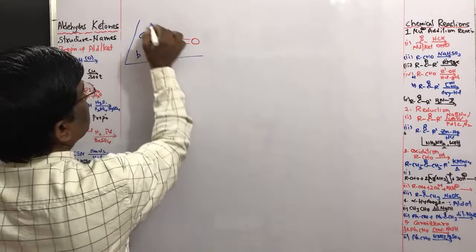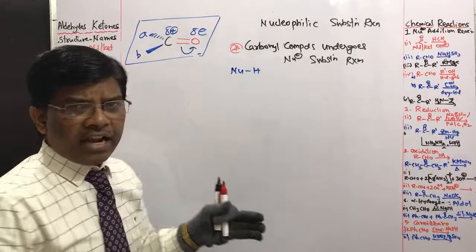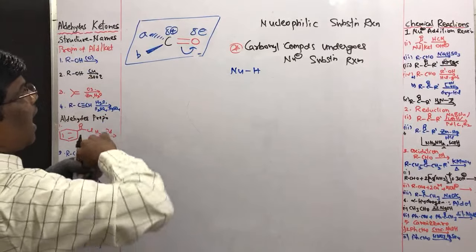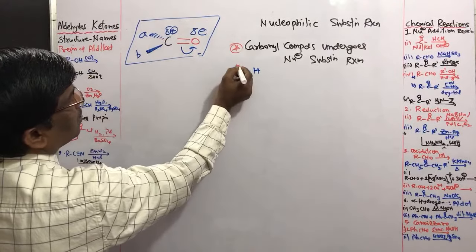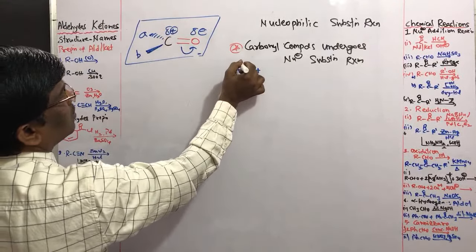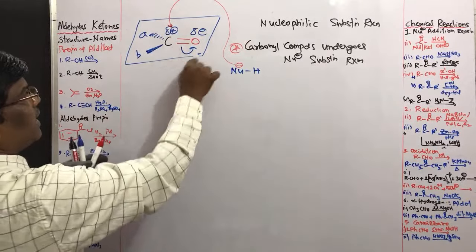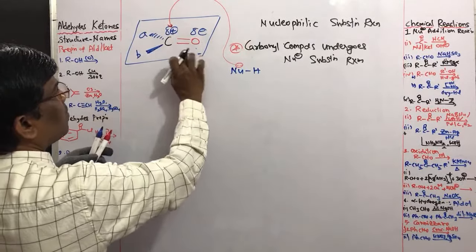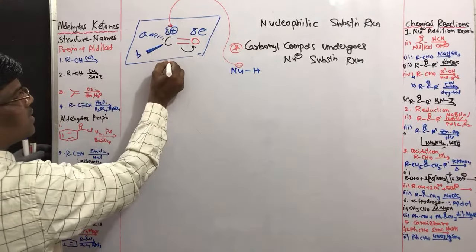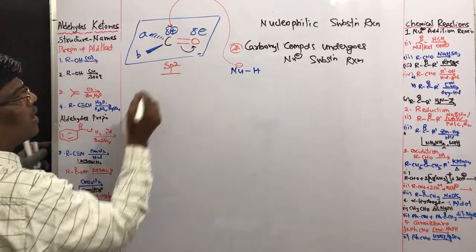We have nucleophile. Let me write another one, hydrogen. So this nucleophile adds to this carbon where it is positively charged, and it takes up this double bond to form, this is sp2 hybridized carbon.